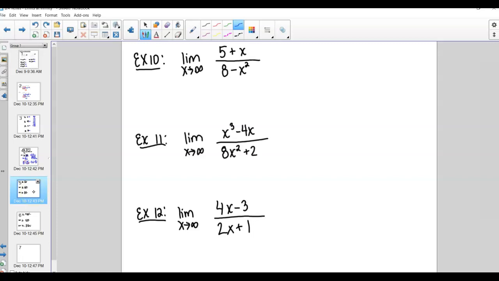Alright, let's do a few more of these. So if I'm going to do example 10, I'm looking at my denominator and I'm looking for my highest degree variable, which is this x squared right here. It's actually our only variable. So just like the last problem, I want to divide everything by x squared.